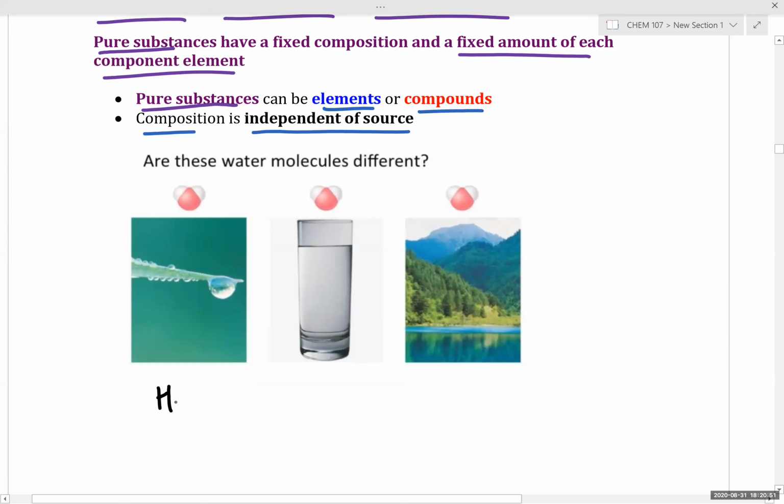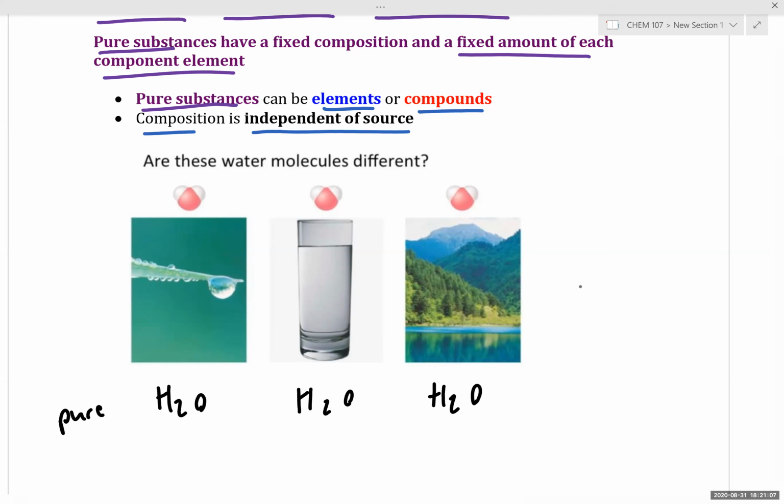If we're looking at pure water, and let's suppose I completely remove all the other impurities and just isolate out pure water from each of these sources: a glass of water on the desk, water from a lake, water from a dewdrop.